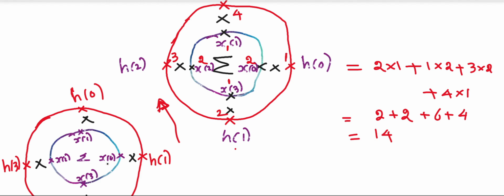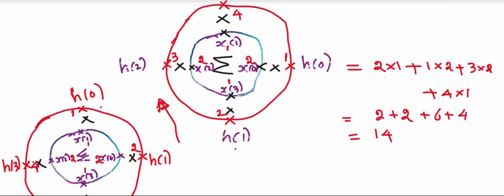The inner circle values are not changed, so you can represent the inner circle values as such, and the outer sequence is now shifted: x of 0, x of 2, 2, 3, and x of 3 is 4. The inner circle values are 1, 2, 1.